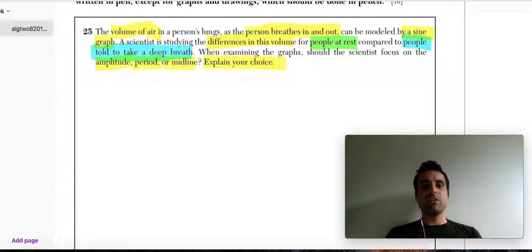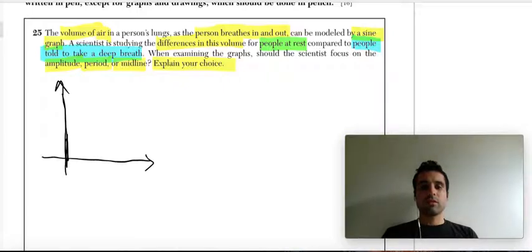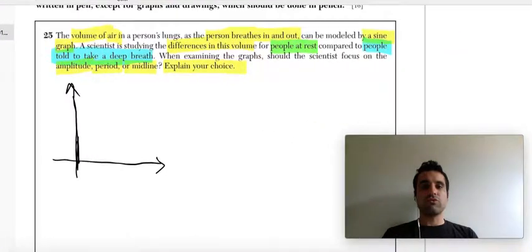So what we need to know, guys, is first of all, you need to know your basic trig, like the properties of the trig graph, what the amplitude, period, and midline are. Assuming you know that, if I have just any old sine curve, it looks something like this if I graph one cycle.